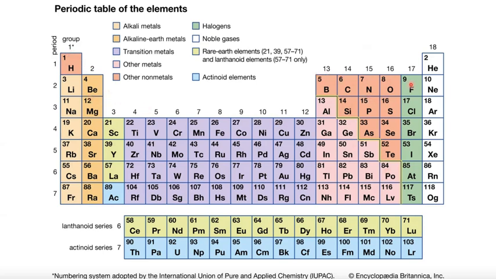If we come to here, these are the P block elements. Similarly, the valence electrons will be in P orbitals. Come to here, these all are called D block elements. Their valence electrons are in D orbitals. If we come here, these are F block elements, and the valence electrons of these elements are in F orbitals.